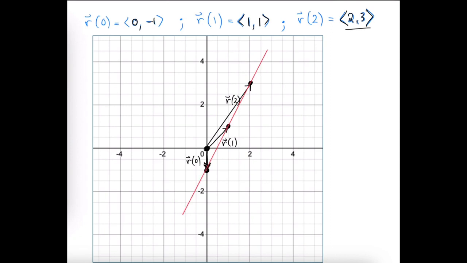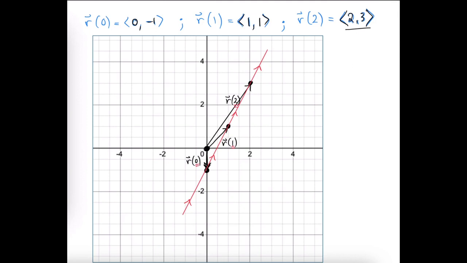And the idea is that, of course, let's go ahead and put that orientation in as well. So we see that at time t equal to 0, we were here. At t equal to 1, we were here. At t equal to 2, we were there. So we are tracing it out in that same direction.